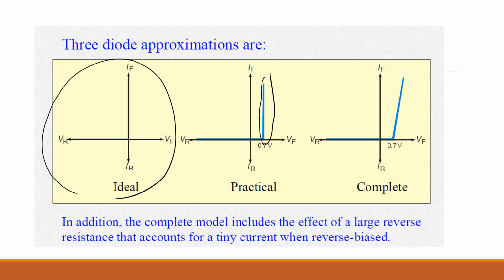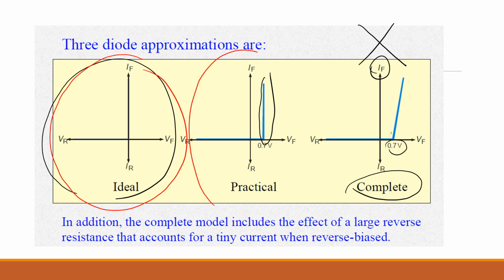However, in the real case, this 0.7 is not constant, it changes with the current. But you don't have to deal with this in your questions. You will either get questions with an ideal situation or a practical situation. So what you need to remember is, when you have an ideal diode, there is no voltage drop across the diode, but when there is a silicon diode, there is a voltage drop of 0.7 volts across the diode. You only get silicon diodes.